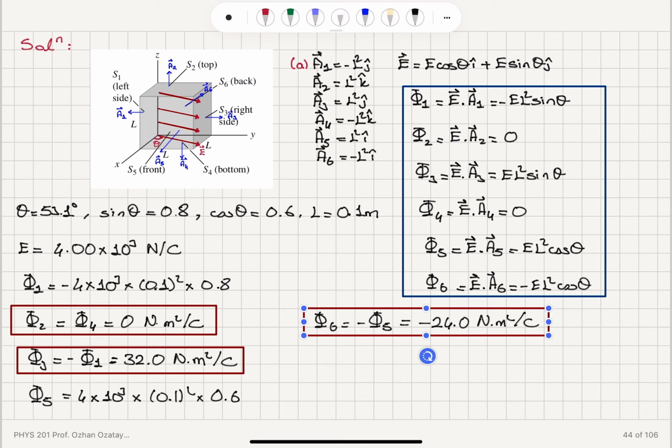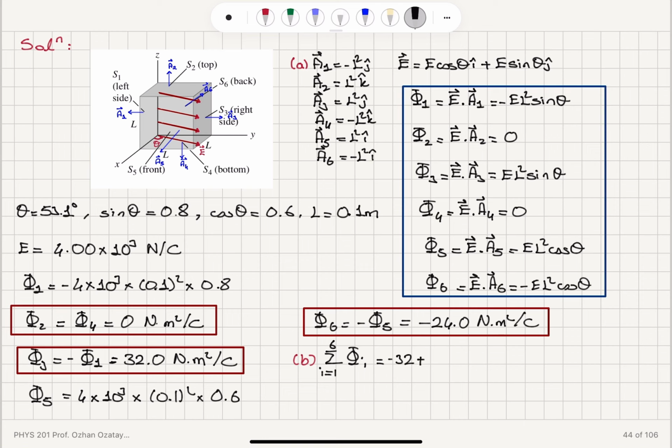That's the flux. Now in part B, we're supposed to calculate the total flux. So the sum over i, 1 to 6, of phi i, the total flux, is flux 1, which is minus 32.